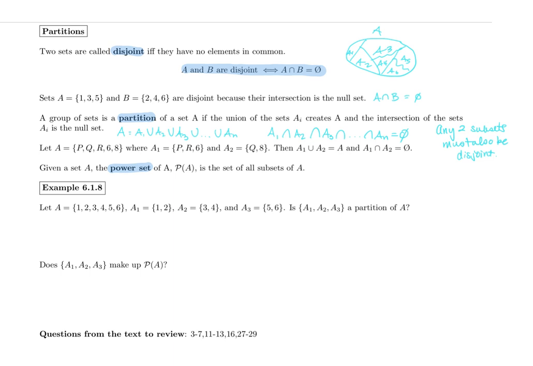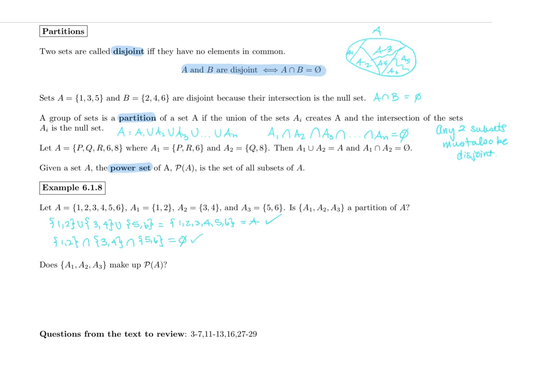Well, let's see. Is {1, 2} union {3, 4} union {5, 6} equal to A? Well, that union would be {1, 2, 3, 4, 5, 6}, which is A. So first step down. Is {1, 2} intersected with {3, 4} intersected with {5, 6} the null set?